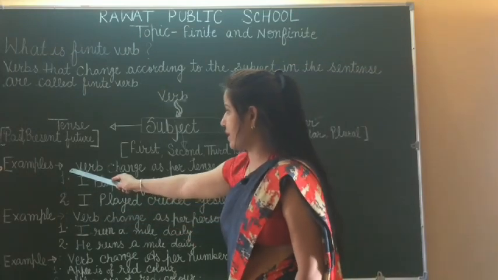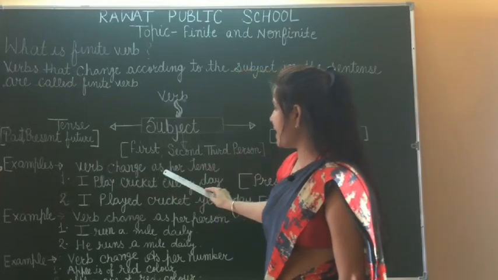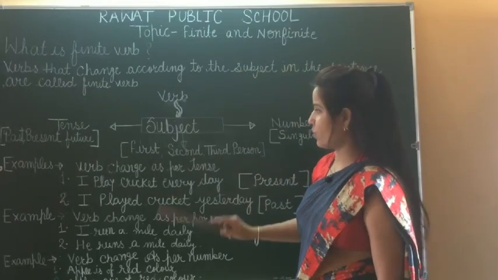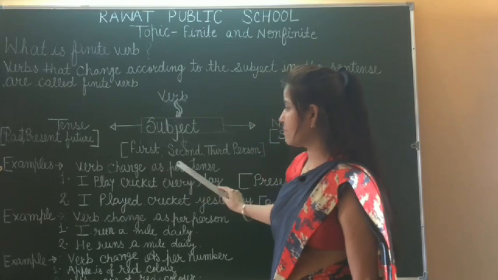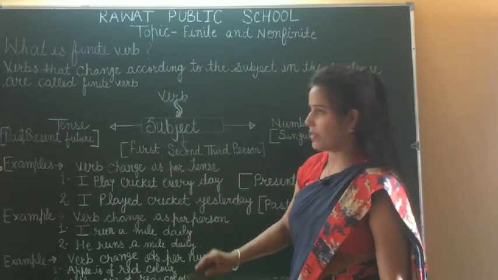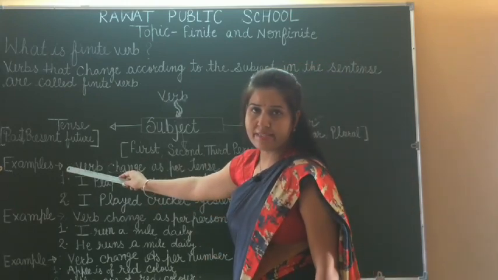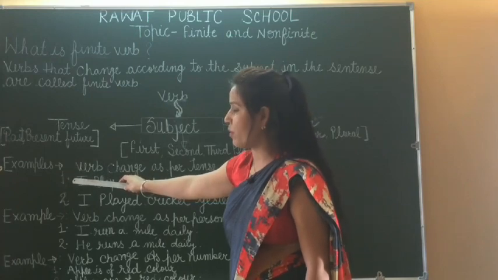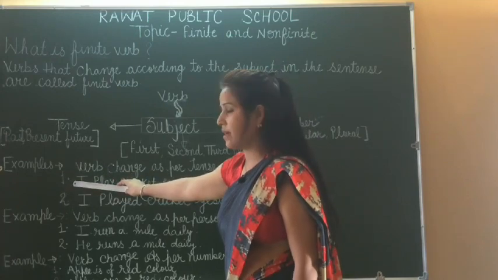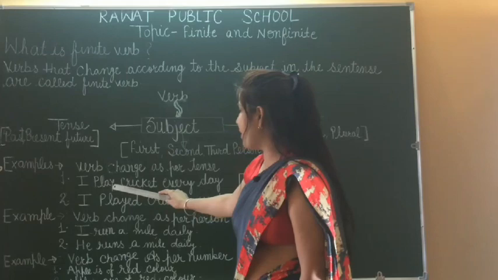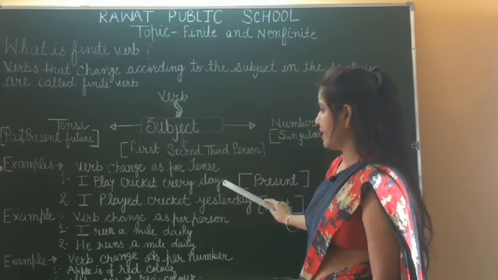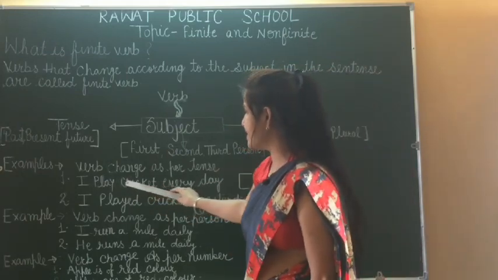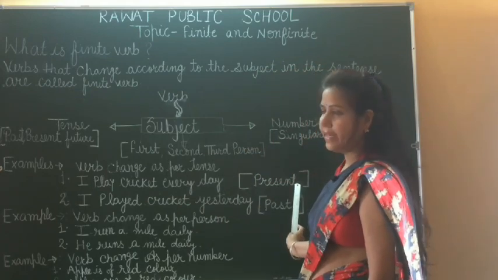The first parameter is that the verb changes as per the tense. First example: I play cricket every day. This sentence is written in present tense.